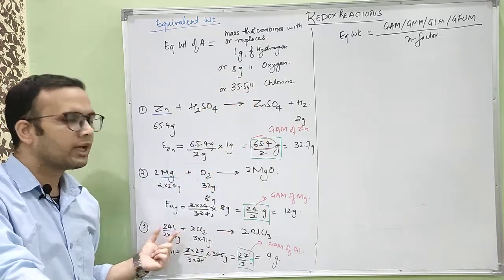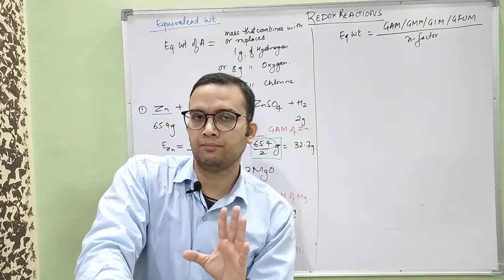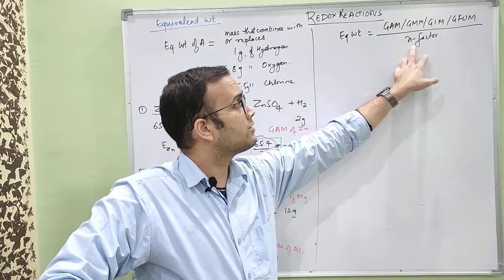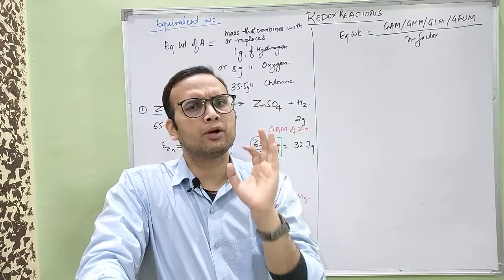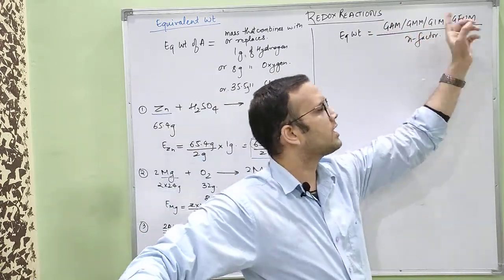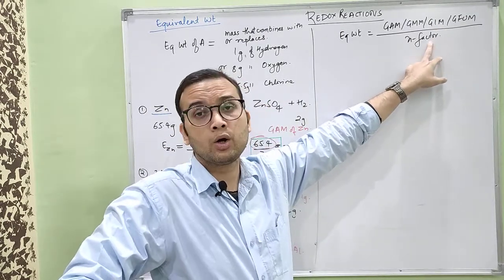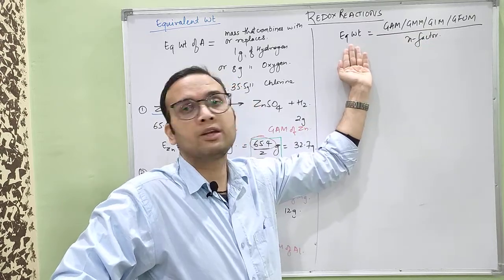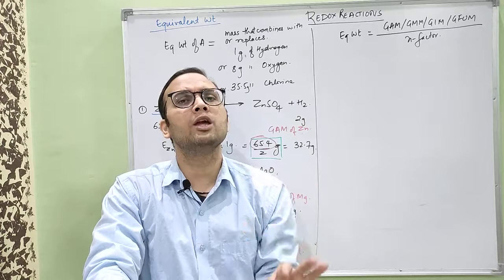It can be different for Al in a different circumstance. So n factor is something variable. Got it? So we know these 4 quantities are constant for a particular species, but this is variable. So something constant divided by variable is equal to something variable. So equivalent weight will usually be variable only.